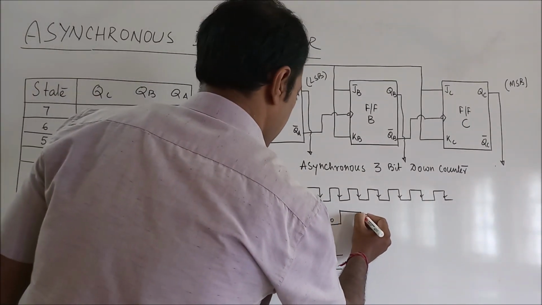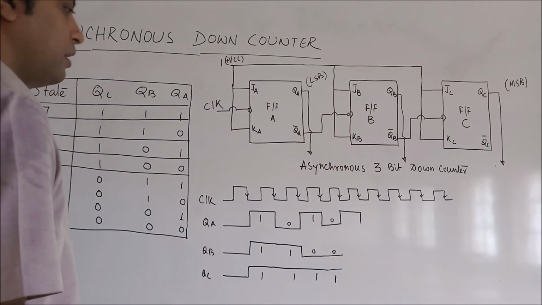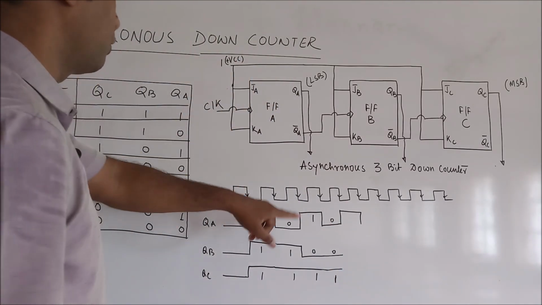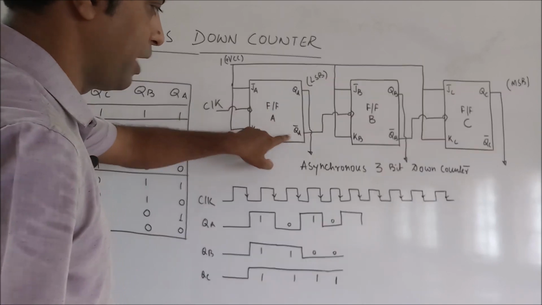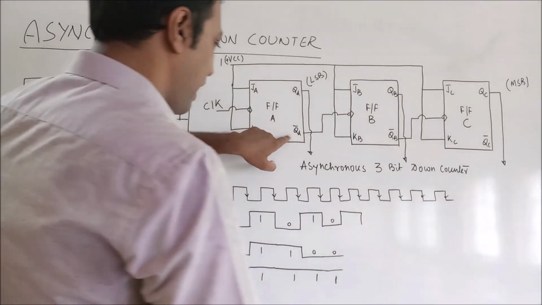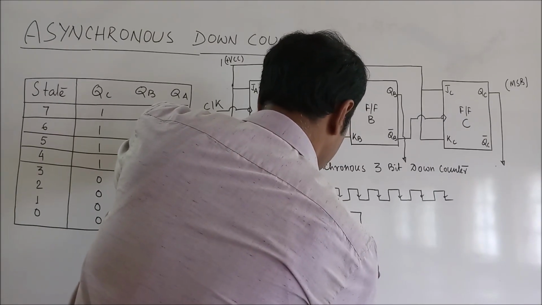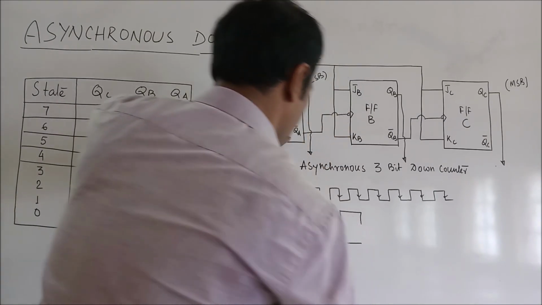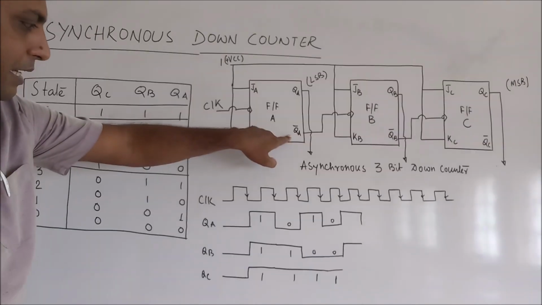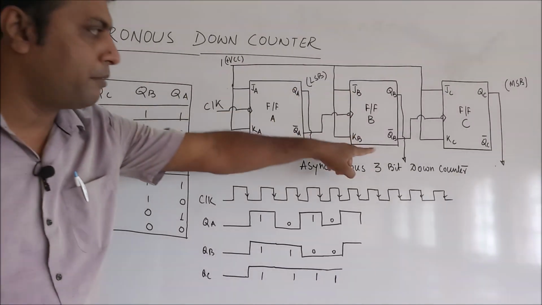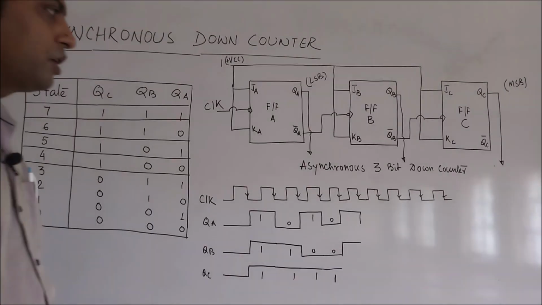Here QA toggles from 0 to 1. QA is 1 means QA bar is 0, so flip-flop B switches from 0 to 1. QB is 1, which means QB bar is 0.